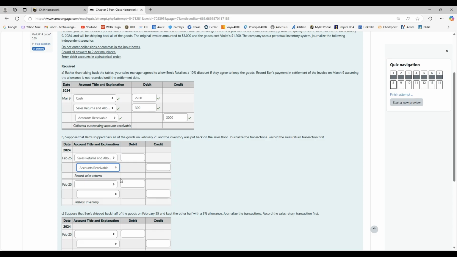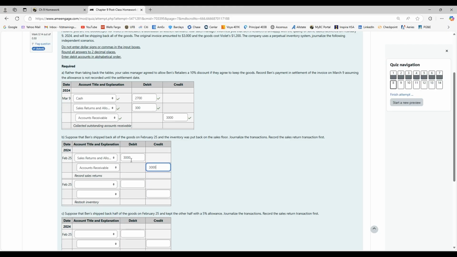So if we were exactly reversing the entry we originally recorded, we would be debiting sales revenue because the original entry was AR and sales revenue. But instead of reversing sales revenue, we're going to debit this contra account again for $3,000, which was the original sales amount.